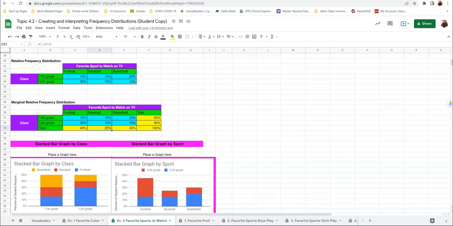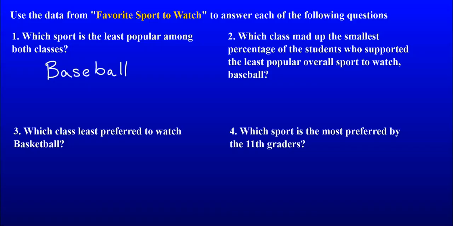Okay, so looking at baseball, we want the smallest percentage to support it. Well, the smallest percentage that supports it is 10%, which is the 12th grade class. So again, which class made up the smallest percent? 12th grade at 10%.